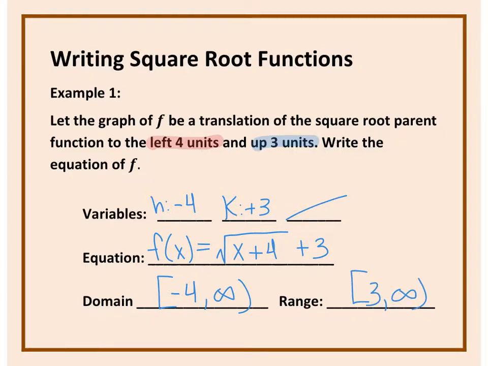Now, if that confused you, where did those numbers come from? You can graph it. Remember that this is the parent function. Okay. Now, the graph went to the left 4, and it went up 3. So here is the graph. My lowest x value was -4, and it was going to the right forever.